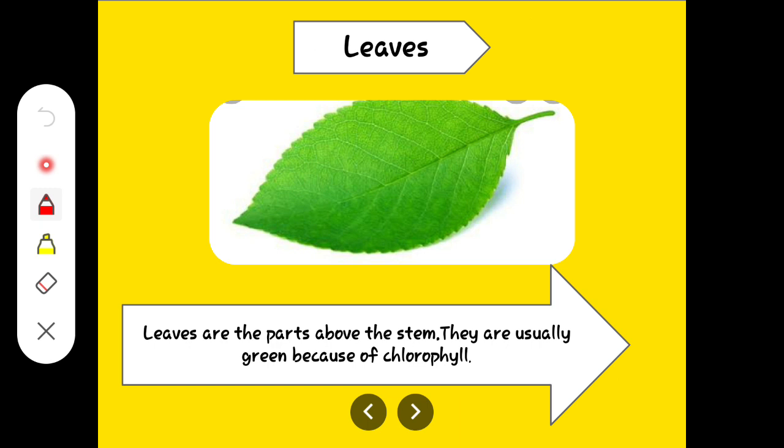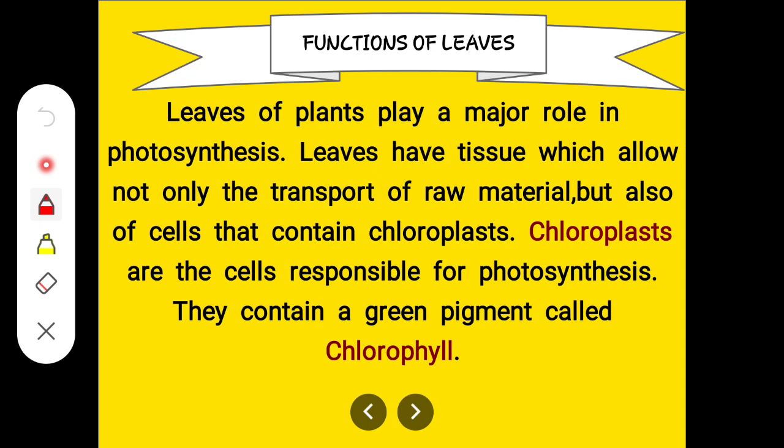Okay, next is the leaves or the leaf. Leaves are the part above the stem. So they are usually green because of chlorophyll. So what are the functions of leaves? Leaves of plants play a major role in photosynthesis.